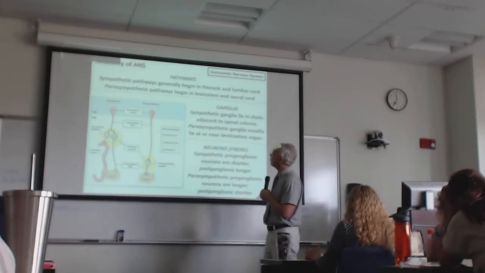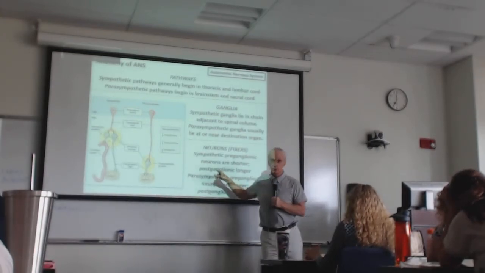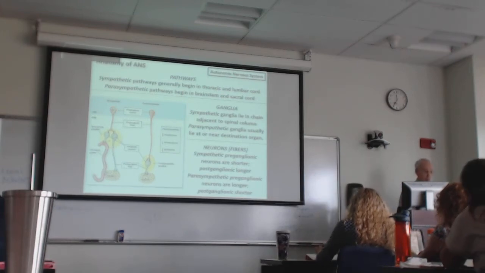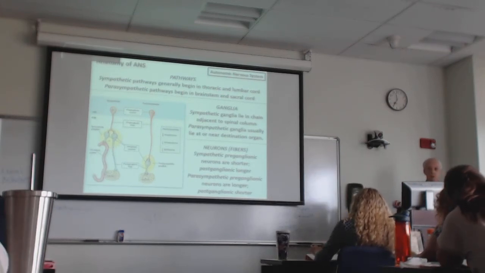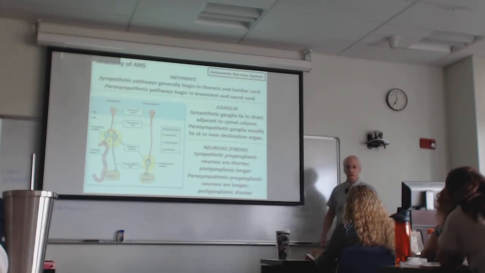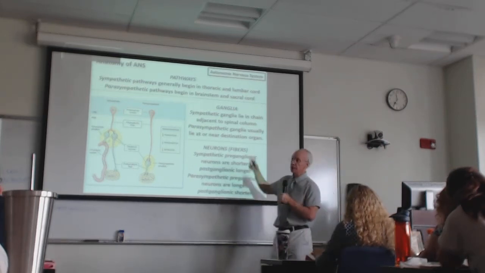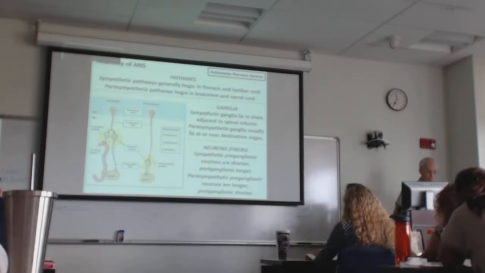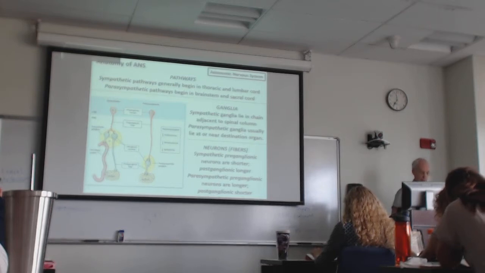All right. So these are some general rules I just recommend that you commit to memory. And remember, we pointed out that the sympathetic nervous system is the thoracolumbar. Just keep that straight. That's going to help you a lot. Parasympathetic is craniosacral. That's the first rule up here regarding pathways. All right.